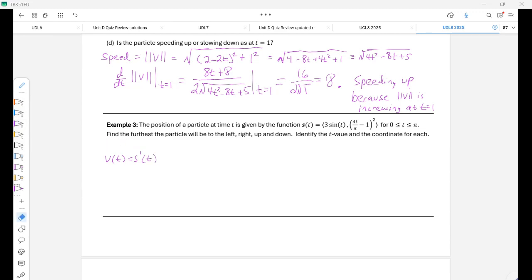That's going to give me 3 cosine t. And 4t over pi minus 1, but squared, the derivative of that.